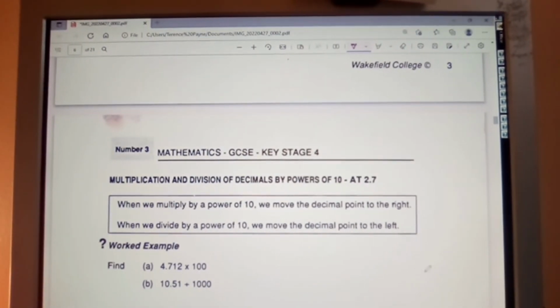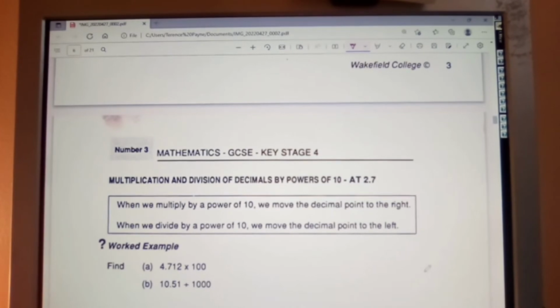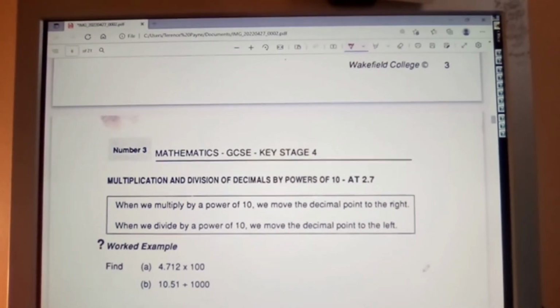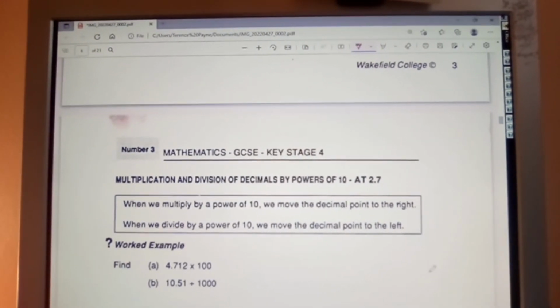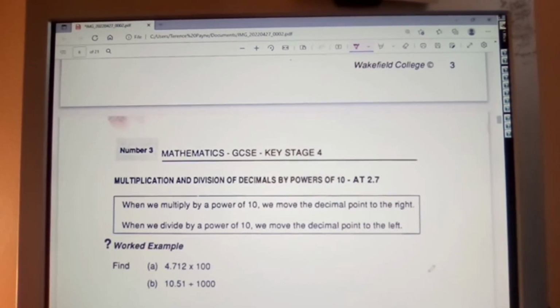Wow, this is a lot of work, isn't it? No, but I gotta show you how to do it.